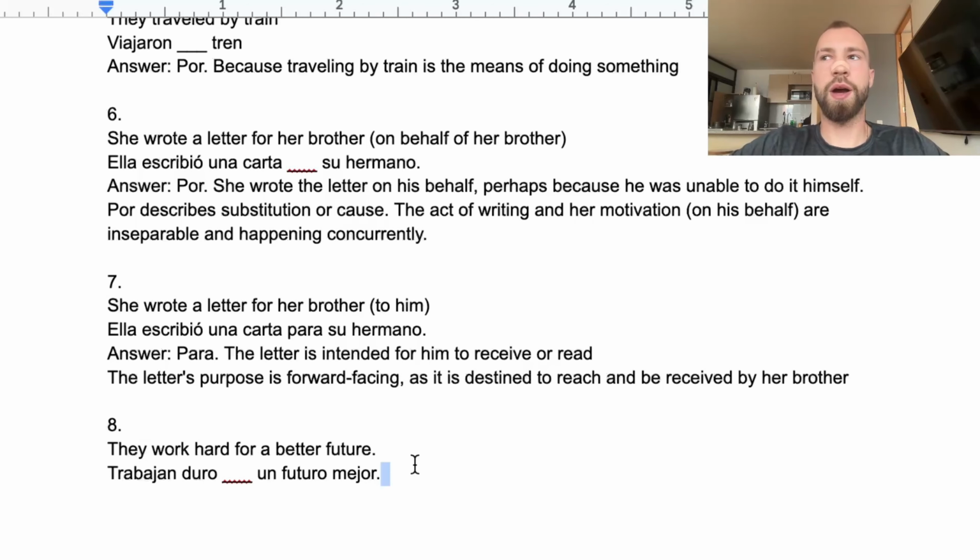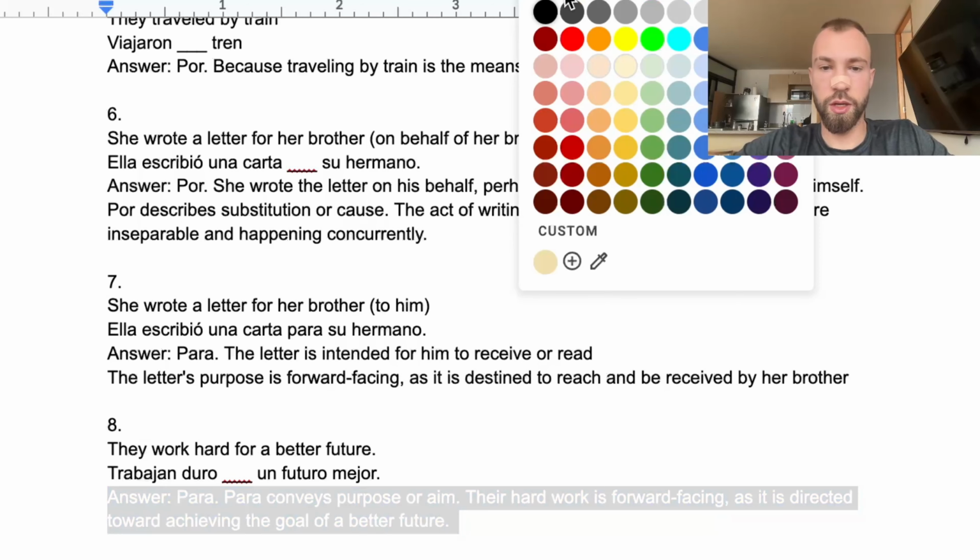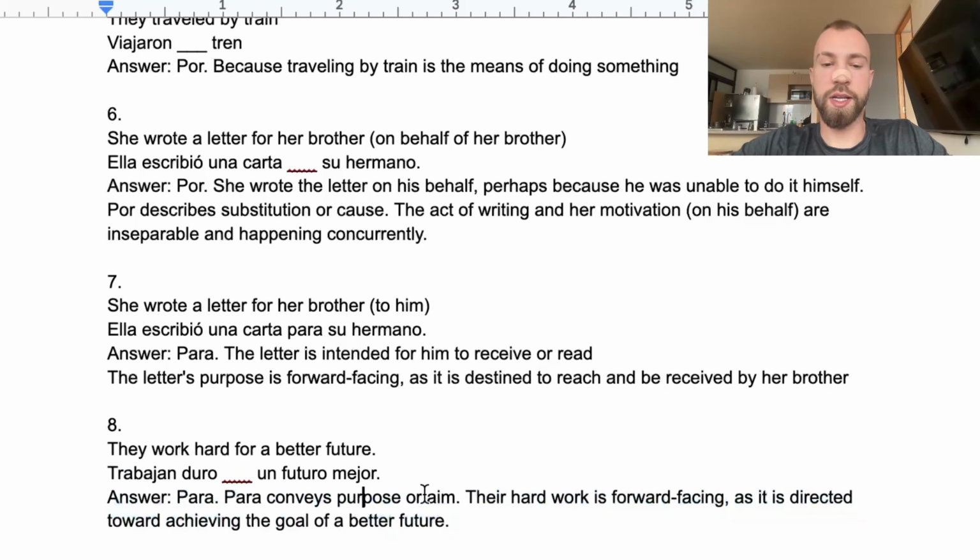So remember how I said if you can replace the for with like because of, then use por. If you can replace the for with in order to, future facing, then you use para. So in this case, it's in order to have a better future, for a better future, so we use para. So para conveys purpose or aim. Their hard work is forward-facing. It's directed towards achieving the goal of a better future.